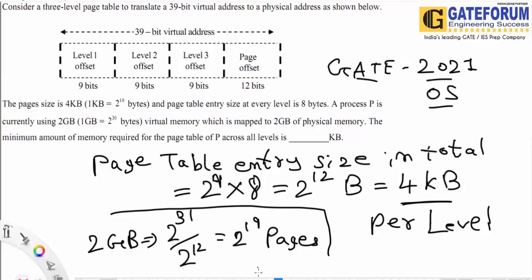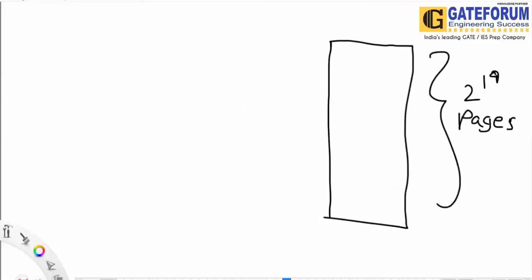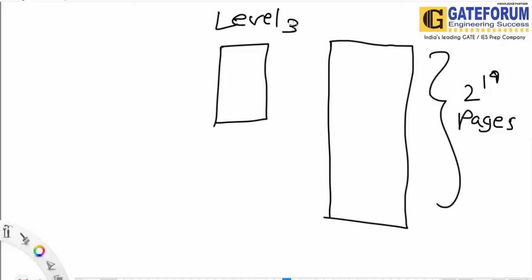So we will require more page tables to point to all of these. If one page can point to 2 raised to 9, then we require more pages to do this. So for level 3, we would require basically 2 raised to 10 pages.